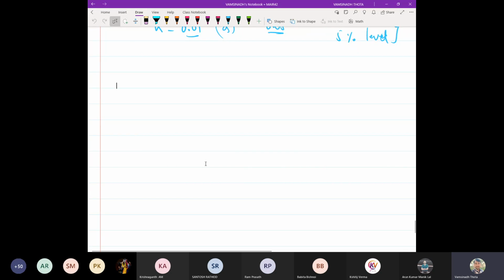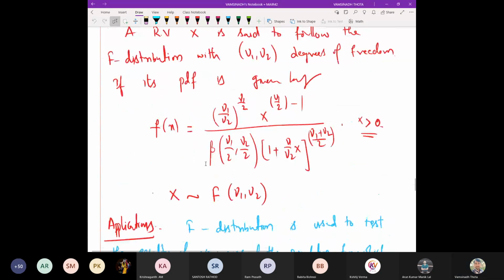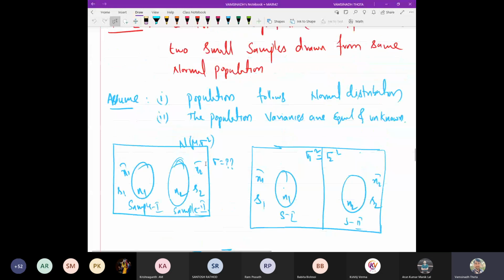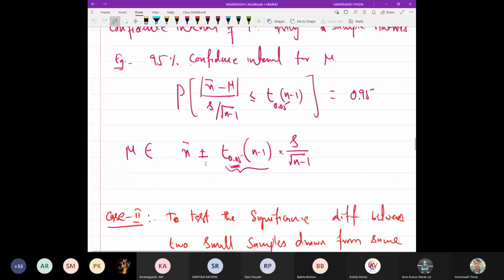So yesterday we have seen two tests. One is the t test and another one is the F test. Both are meant for small samples.